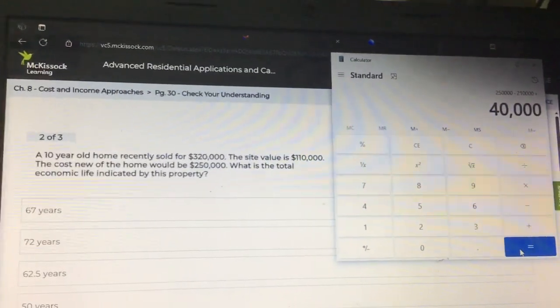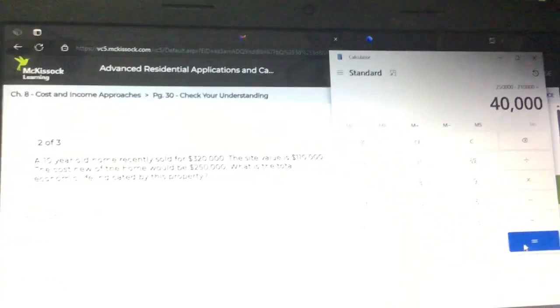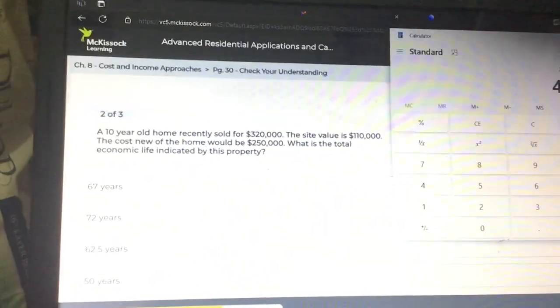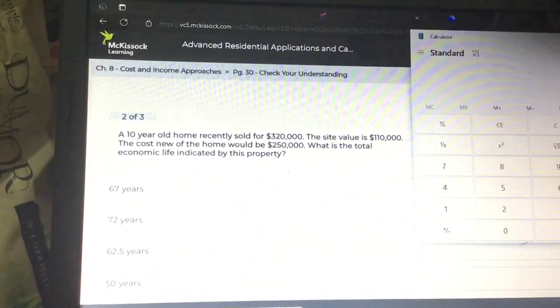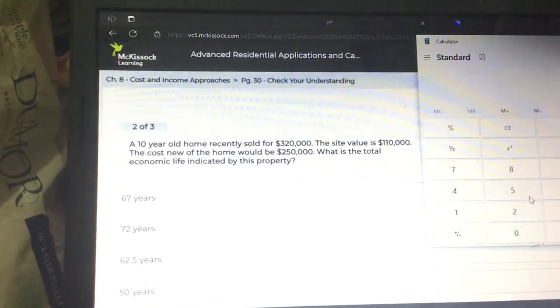That equals your lump sum of $40,000. And then in phase 3, you divide the lump sum by the cost new.